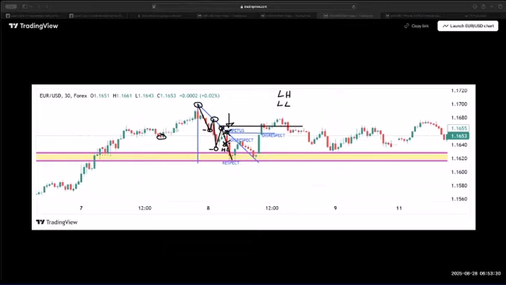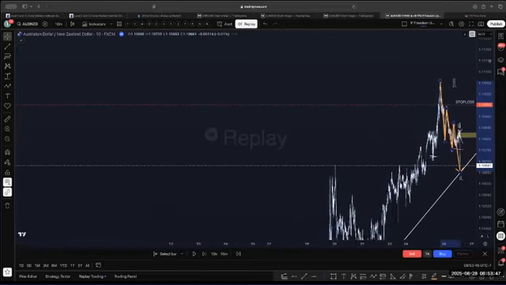This is the real impetus. This comes down to our understanding of structure. Let me see if I can find one more example.